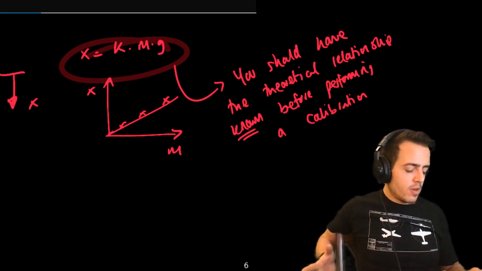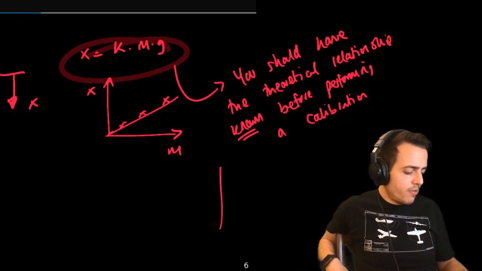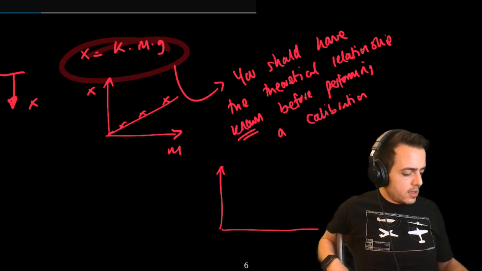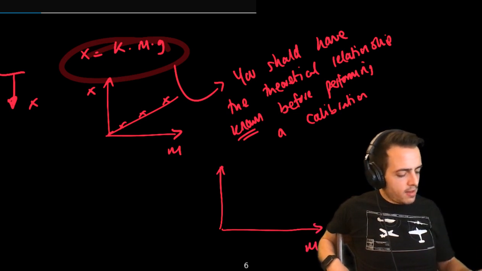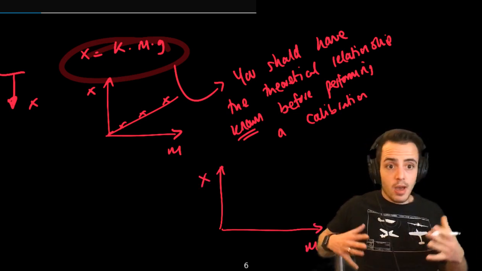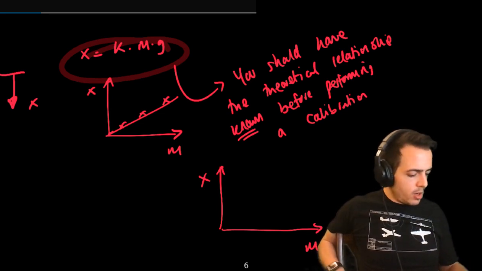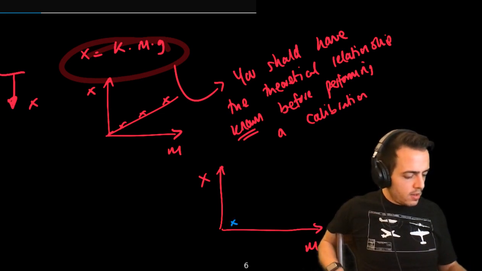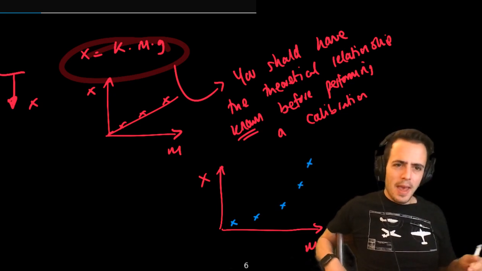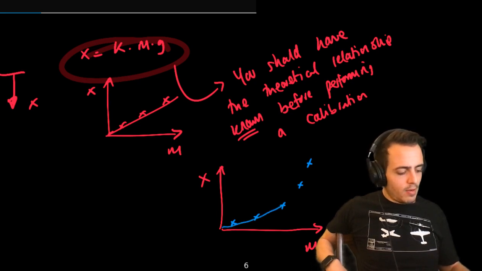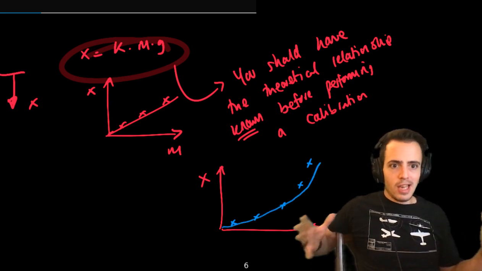And that's useful because if we start taking data points, say if I was performing this experiment and I was applying masses and looking at X, which is my displacement, if I started putting these on, one mass, second mass, third mass, fourth mass. This, to me, isn't a linear relationship, is it? We've got some sort of exponential increase here.